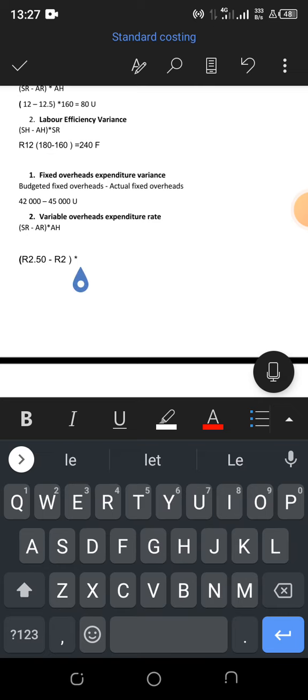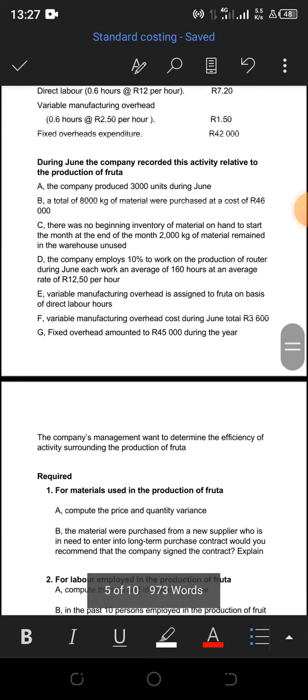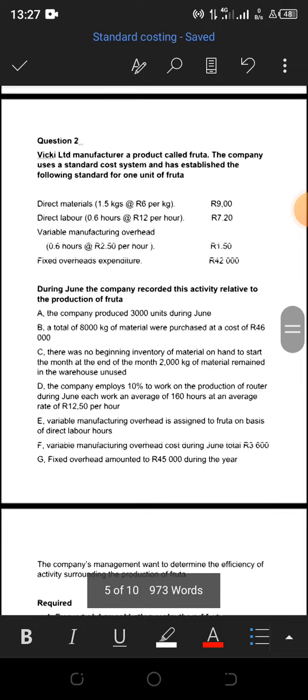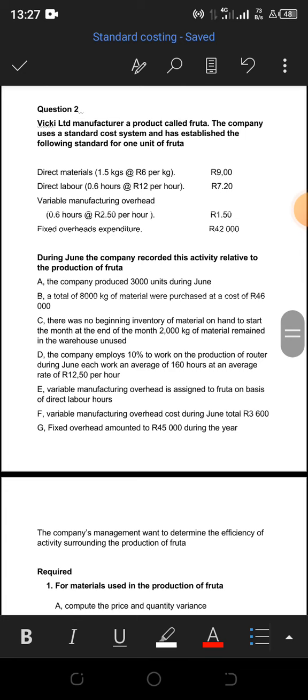Then now you have to multiply by what? By the actual hours. Remember they said it is linked with direct labor. So we have the 1,800 that we calculated, and now we apply number E, which says it has been assigned with direct labor. Direct labor is only 10%, so we say 1,800 multiplied by 10%.